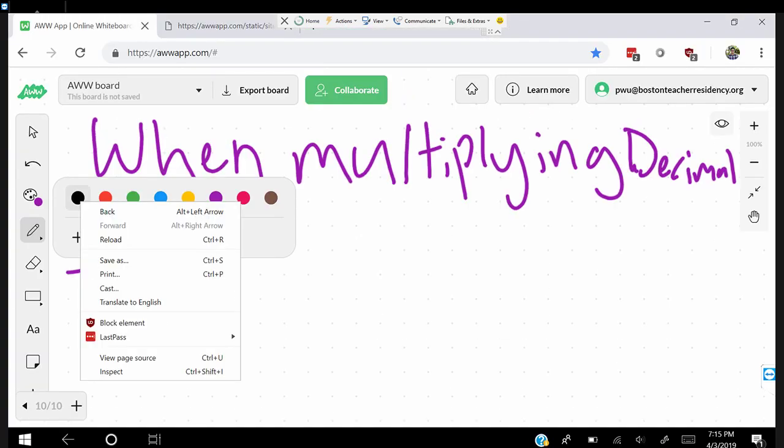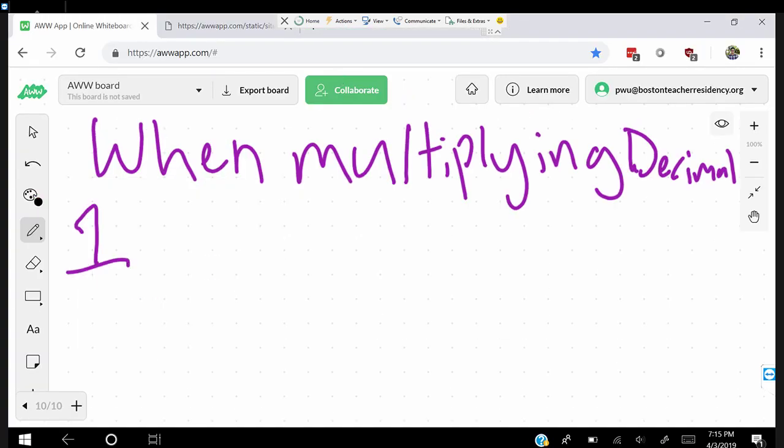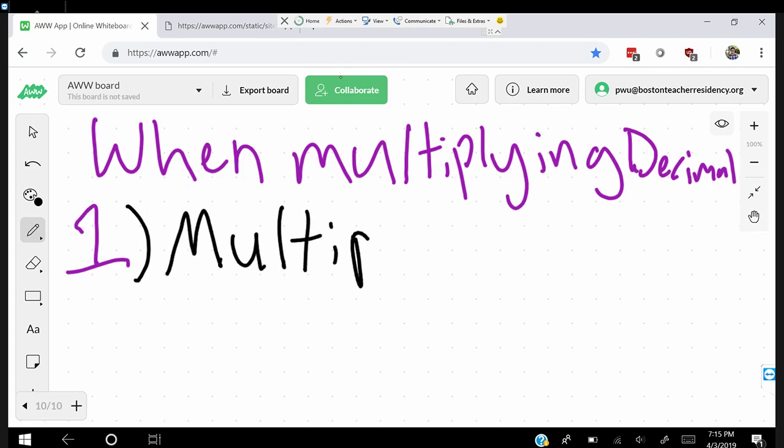Excuse me, my pen is having trouble today. 1. Multiply as normal. Multiply as if there is no decimal.